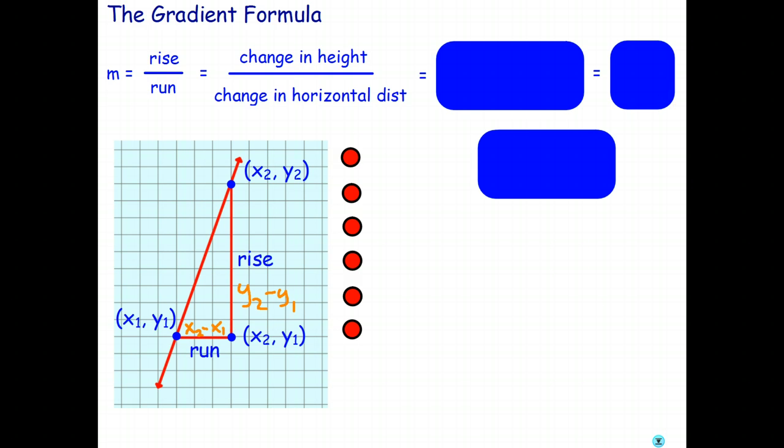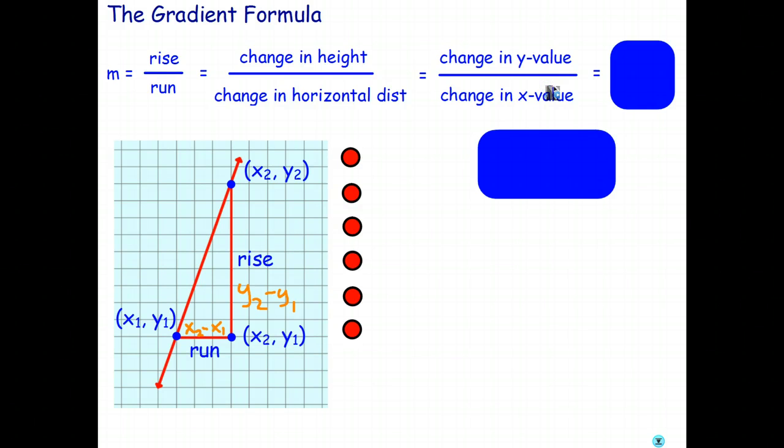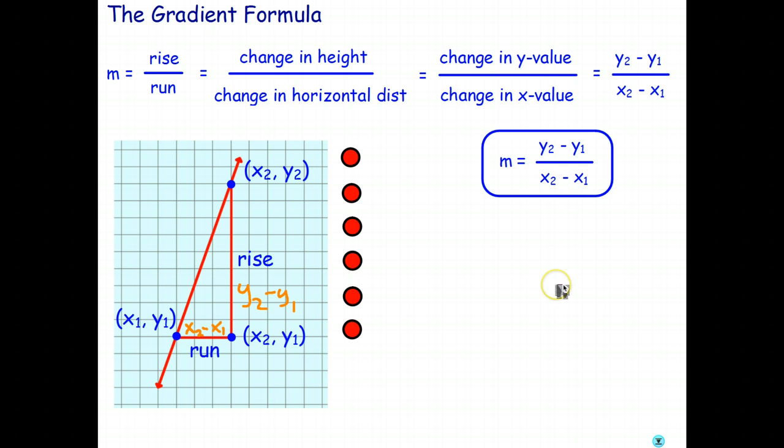So the gradient is the change in the y values over the change in the x values, which is y2 take y1, the rise, over x2 take x1, the run. And there you have it. That's the formula for the gradient of a line that passes through the points with coordinates x1, y1 and x2, y2. So let's show you how we'll actually do this in practice.